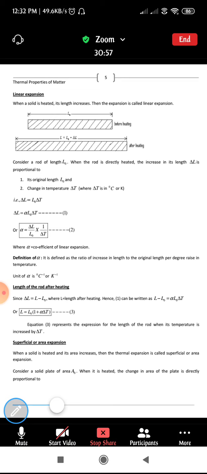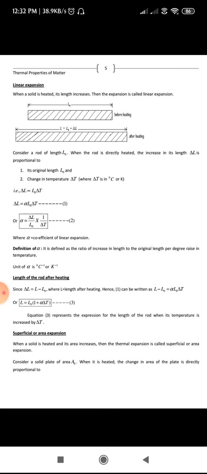That is, if you increase the temperature of the rod by 1 degree Celsius or Kelvin, the increase in length relative to the original length is the coefficient of linear expansion. The SI unit of alpha is per degree Celsius or per degree Kelvin.